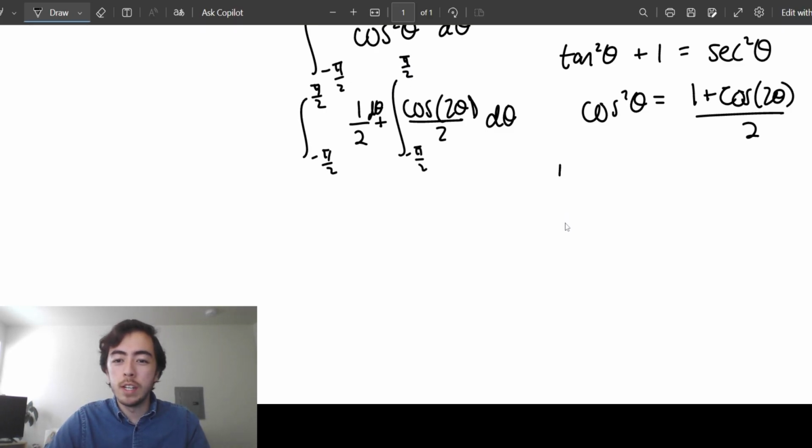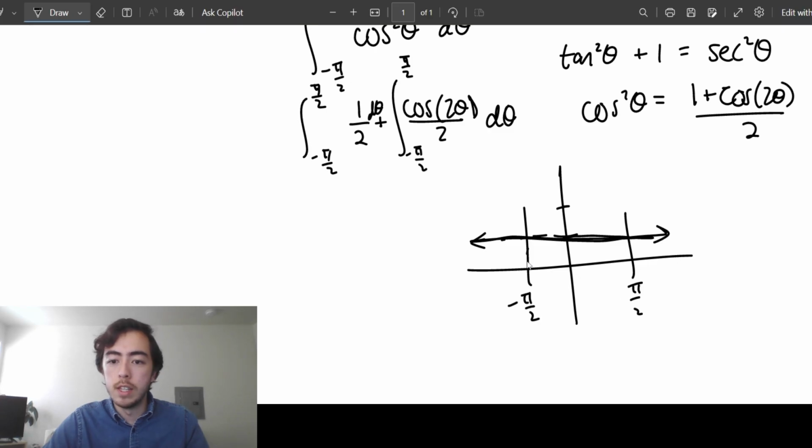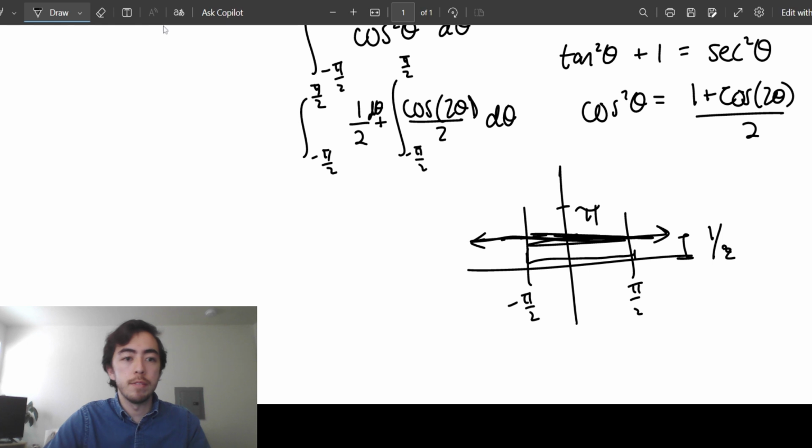So I'm imagining if I have a graph and I have the value of 1/2 right here, then if I take the integral from negative pi over 2 to pi over 2, this distance right here is going to be exactly pi. And then this distance right here is going to be that same 1/2.